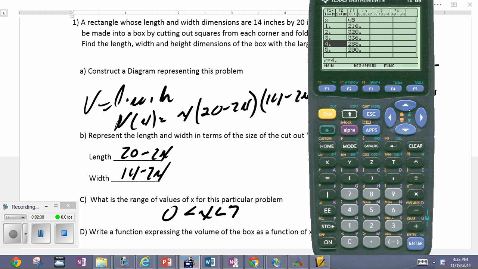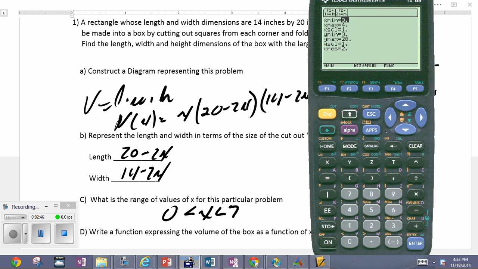So I'll let my Y values run up to about 400 so I can see the top of the curve. My window is going to be set from 0 to 7 on X, and up to 400 on Y. That should give me a good picture.